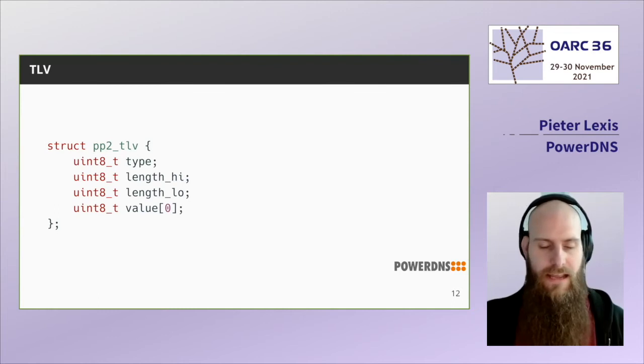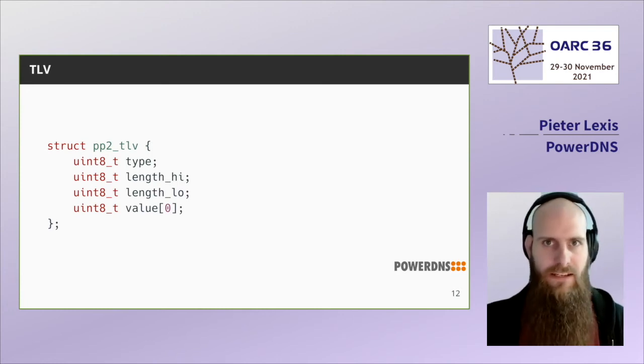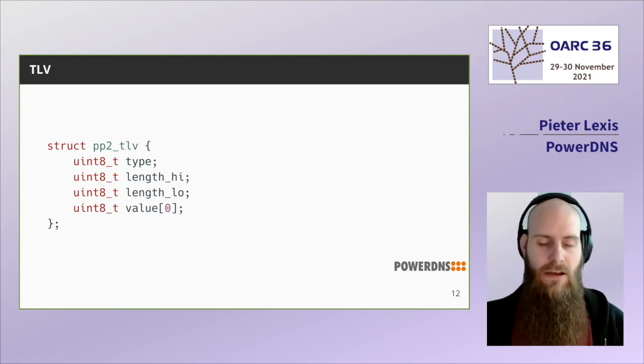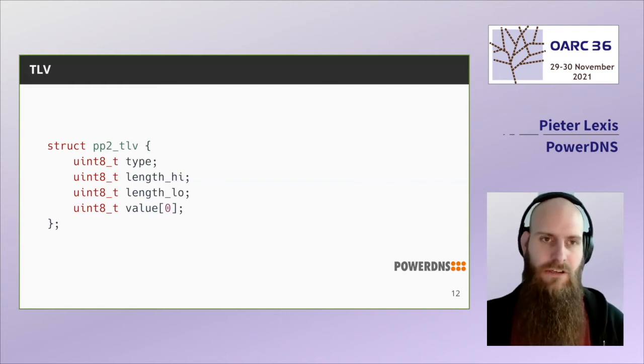Of course, the ALPN information, some client certificate information, etc., etc. And within DNSDist, we support adding your own tag length value fields onto the proxy header, and on the recursor end in the scripting engine, it's also possible to extract this information.